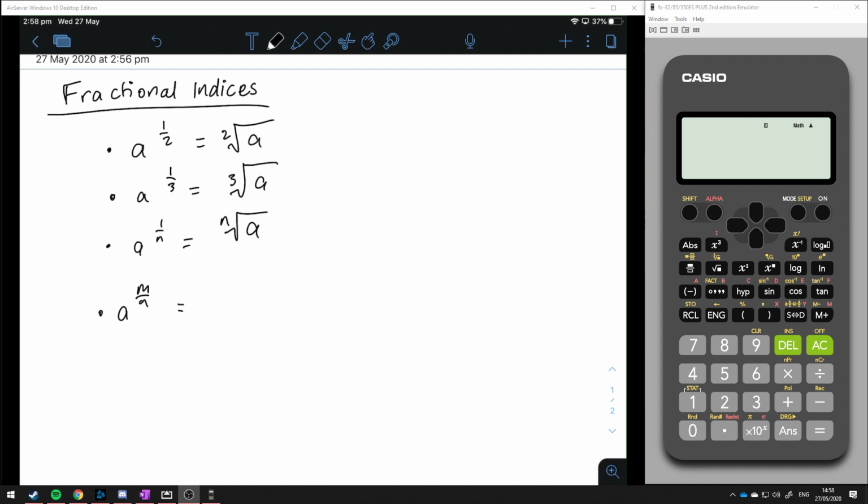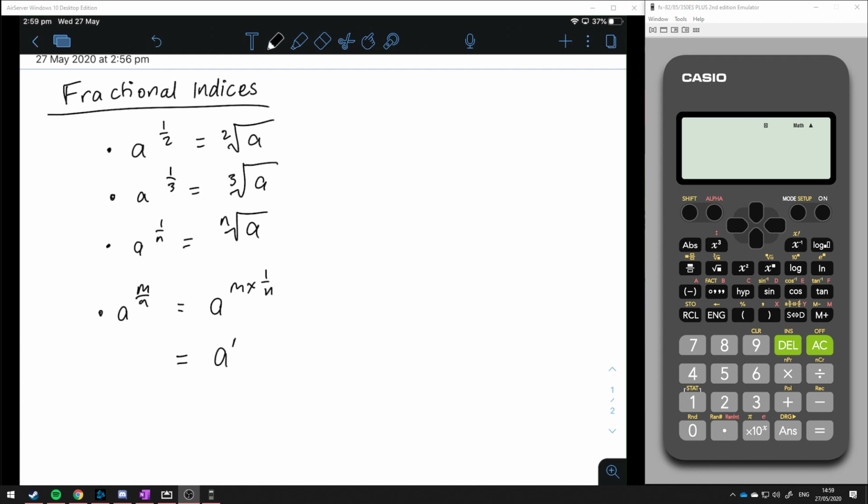What we can do is see that this is the same as a to the power of m times 1 over n, because m over n is the same as m times 1 over n.